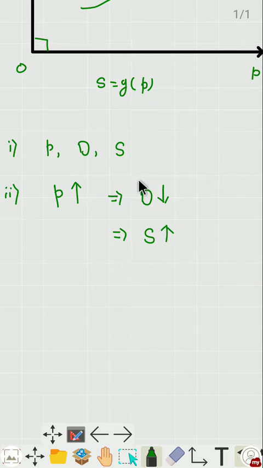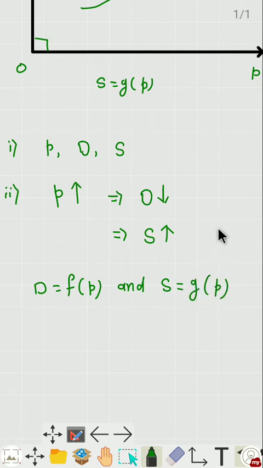Therefore, the graphs of the curves D is equal to f of p and S is equal to g of p are as follows.